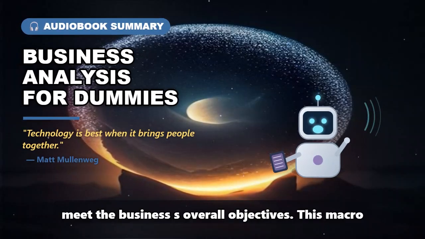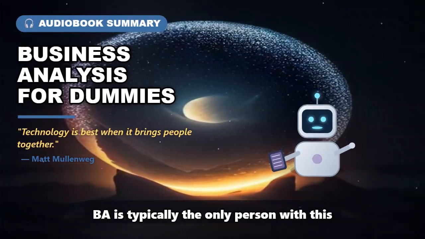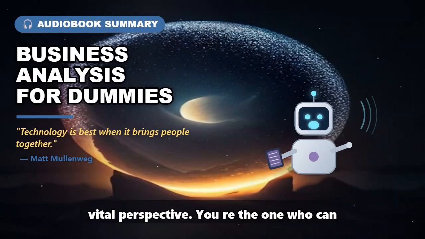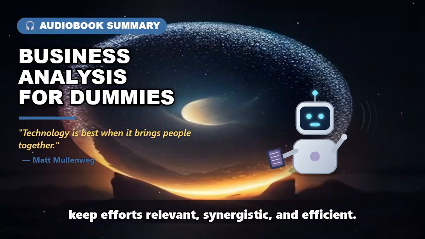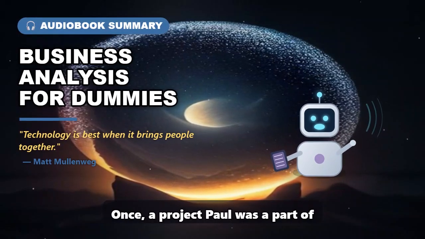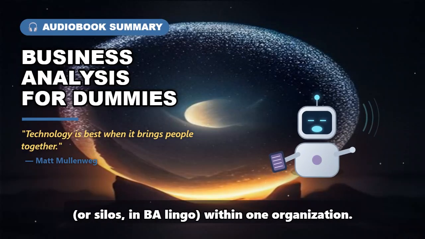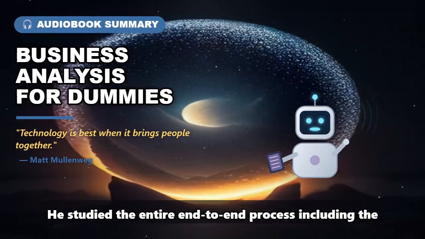This macro view is a particularly important skill because the BA is typically the only person with this vital perspective. You're the one who can keep efforts relevant, synergistic, and efficient. Once, a project Paul was a part of was being worked on by several smaller areas, or silos, in BA lingo, within one organization.